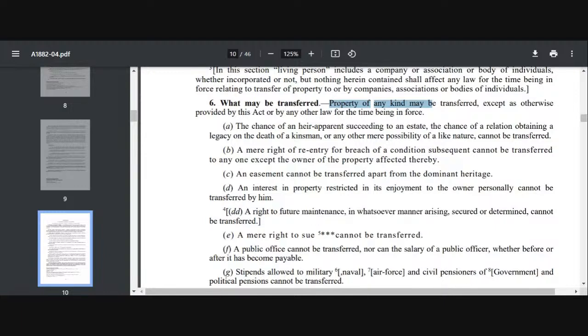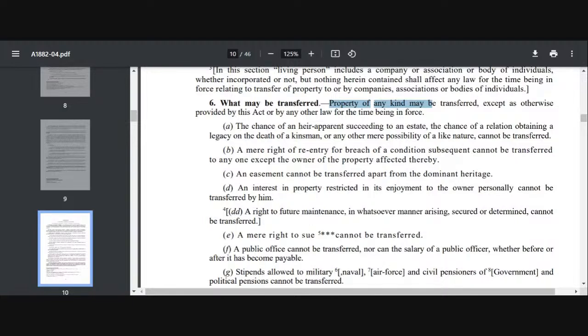Except you, I am not allowing any other tenant to use my terrace, but since you are my friend, we have good relation, I'm telling you that you can use the terrace. Now you want to sell that flat, and along with that flat you are also telling the buyer that you can also use the terrace, I also used to use it. So this was a restricted interest. This privilege to use and enjoy, I gave only to you, because you are my friend. You cannot transfer this restricted interest to someone else.